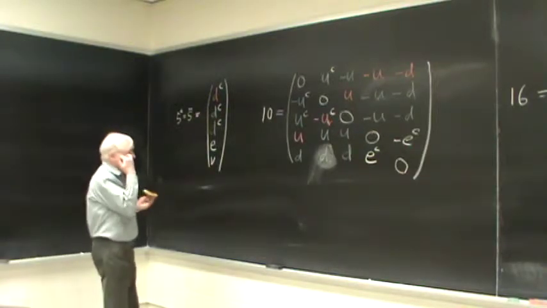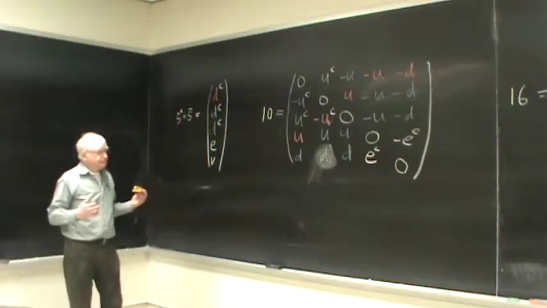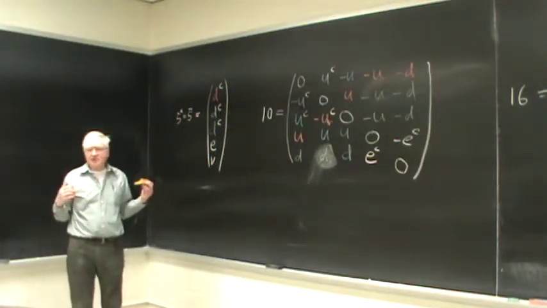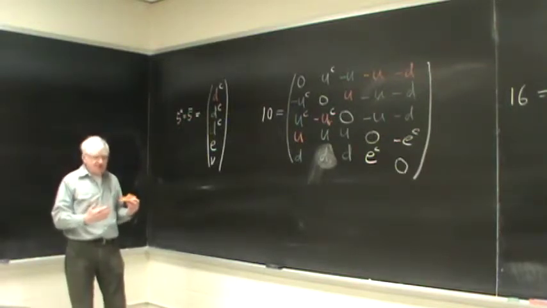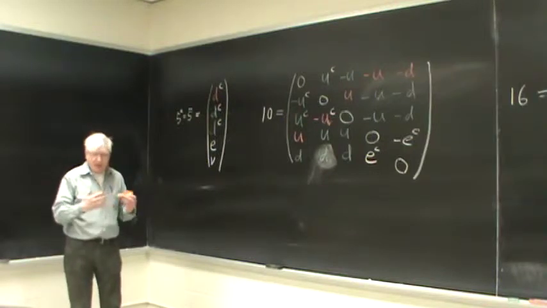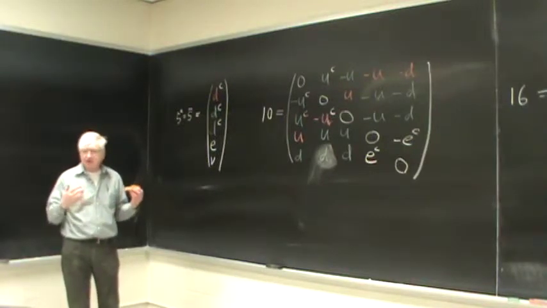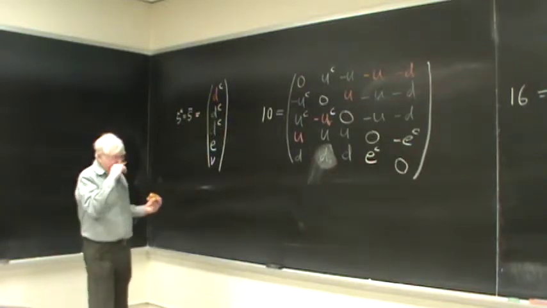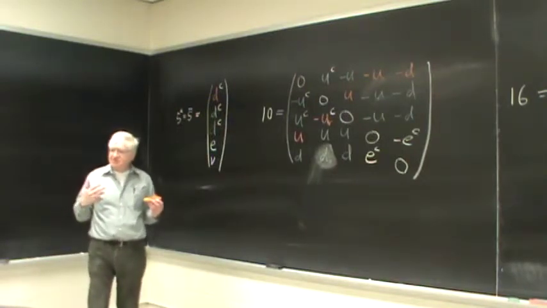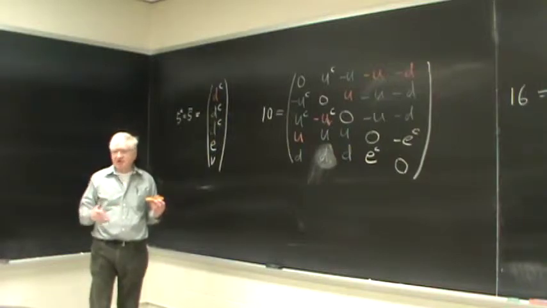In grand unification, the idea is to put all the particles of a given family into a representation or several representations of a simple compact Lie group. Simple means that there's no non-trivial invariant subgroup.